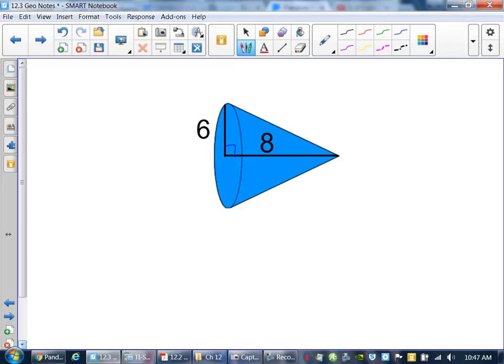What's my slant height for this? 10. How? 6 squared plus 8 squared is 100. Square root of 100 is 10. So you've got pi r squared, 6 squared pi, plus 6 times 10 times pi.